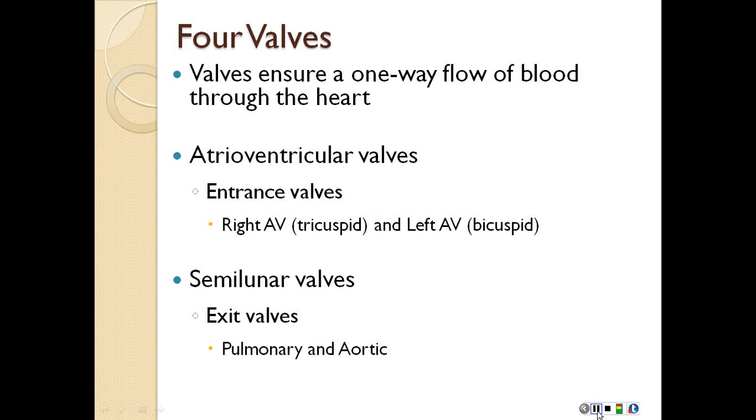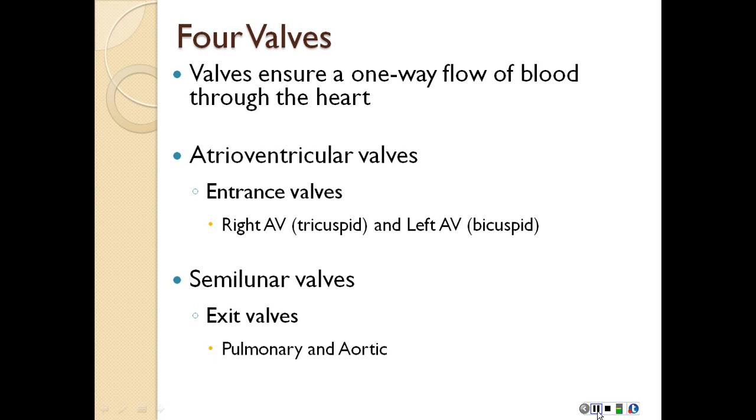All right, so the four valves. So have an idea of the names of those four valves and what their specific function is. So in general, valves prevent blood from going backwards. So it continues to go in the forward direction, one direction. So they ensure a one-way flow of blood through the heart. And what are the four valves of the heart?